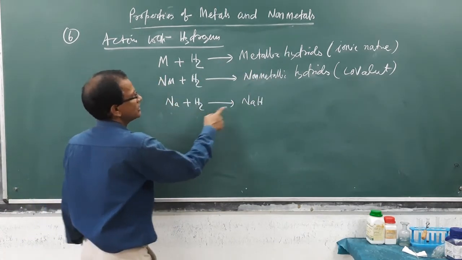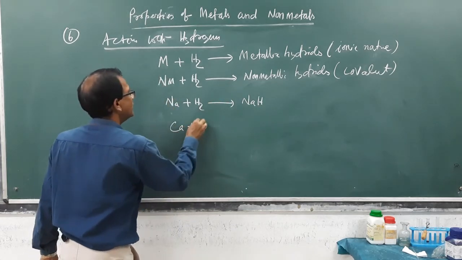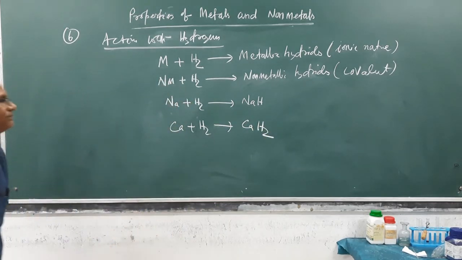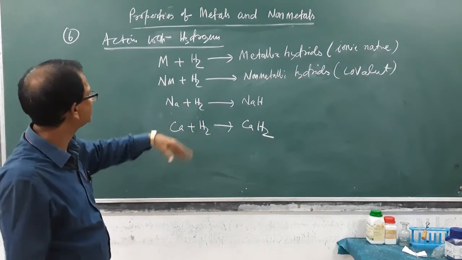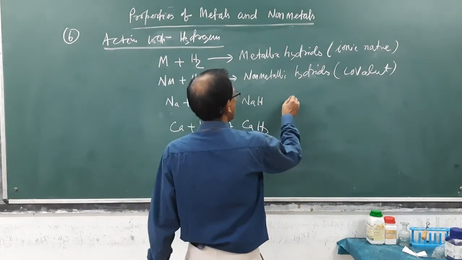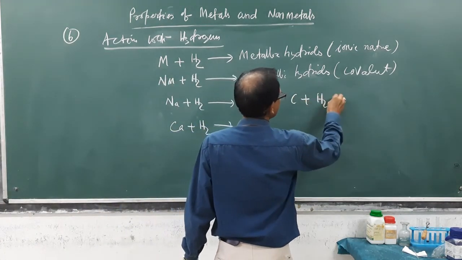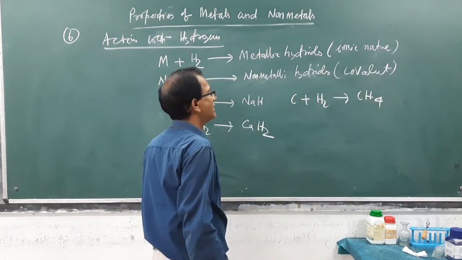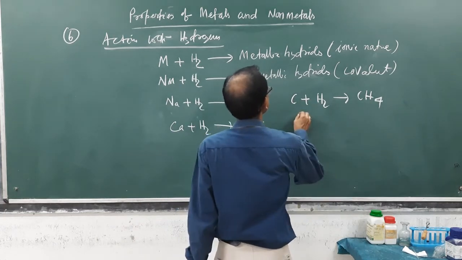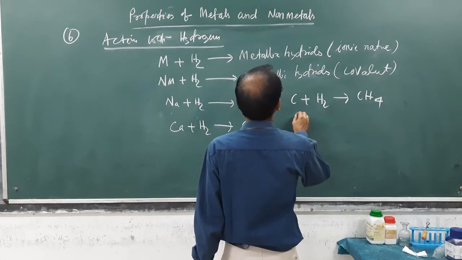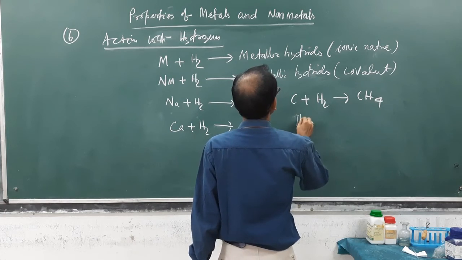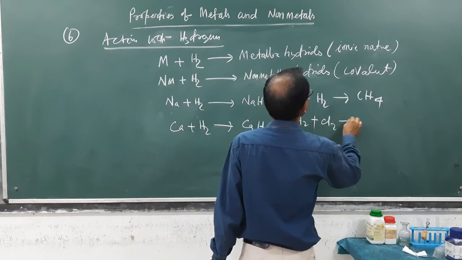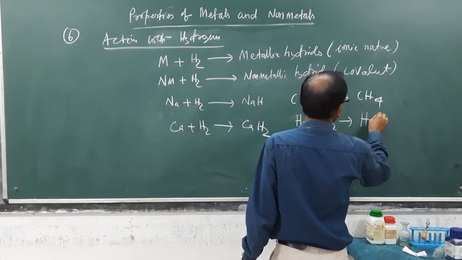So sodium with hydrogen gives sodium hydride, and calcium with hydrogen produces calcium hydride on the basis of valency. And what are the examples of non-metals? For example, carbon and hydrogen produce carbon hydride, that is methane. Hydrogen with chlorine, that is a non-metal, produces hydrogen chloride, a hydride.